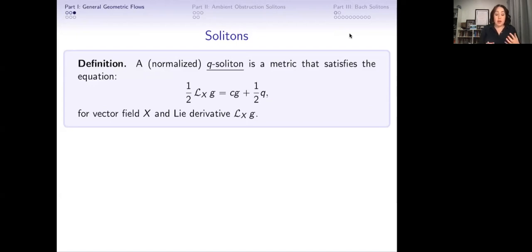And so I have some equations here, but before I get to looking at a normalized Q soliton, let's talk about what this is kind of heuristically. So if you think about a geometric flow kind of like a stream, a soliton would be like a rock that sits in the stream that is self-similar as the stream erodes the rock.